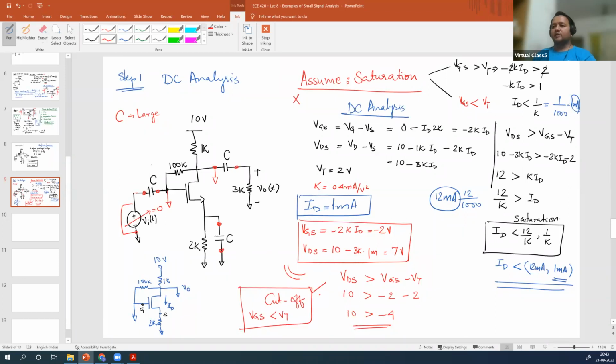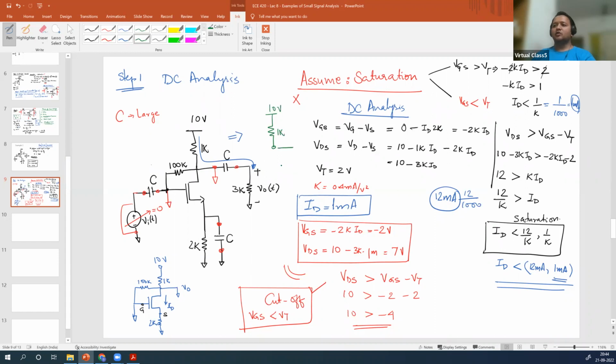In the cutoff region, what happens? The transistor is cut off. So whatever current is flowing will flow through this resistor and go to the output. Right? There is no current flow. So what is V out? And since it's DC, nothing gets blocked here. So the effective circuit now becomes 10 volt.